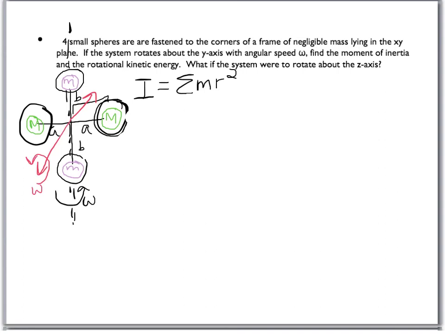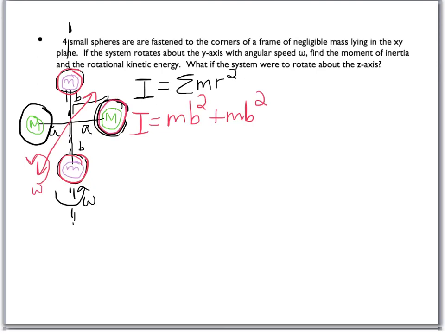In this case, we still have the moment of inertia, or that rotational inertia, being the summation of all the mr squareds, but this time none of the masses are actually sitting on the axis of rotation. That means that the lowercase m's are going to add into this summation, in that we have this mass up here at a distance b away, and we have this mass down here at a distance b away from the axis.